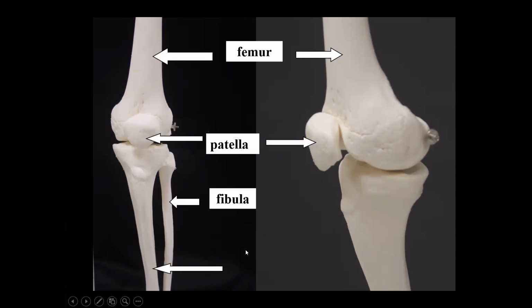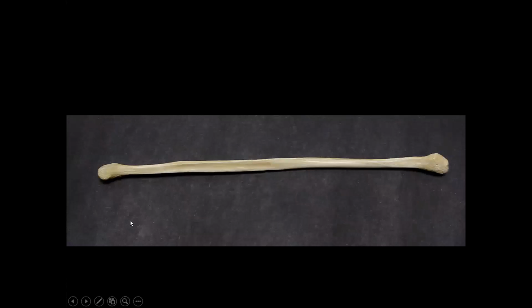So there's our fibula, and then the bone that does all the work in the lower leg is the tibia right there. So this is the fibula. The fibula has a head and an ending called the lateral malleolus. There's the head, and there's the lateral malleolus.